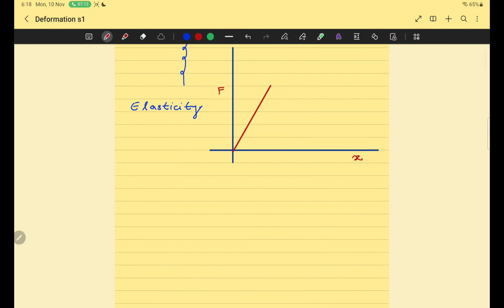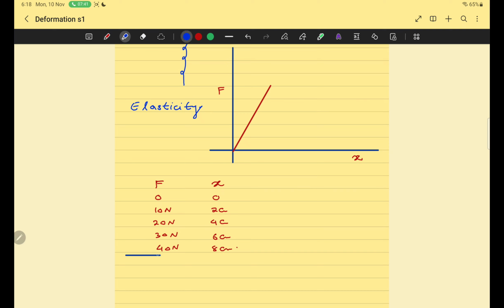But practically, consider zero force, zero extension. When force is 10 Newton, consider extension is 2 centimeter. When force is 20 Newton, extension is 4 centimeter. You are increasing force and extension is increasing at the same rate, but it is up to a certain value.